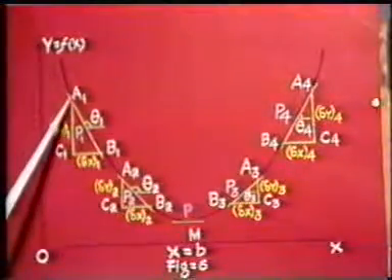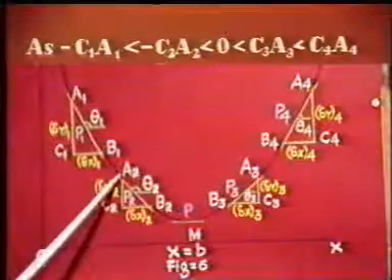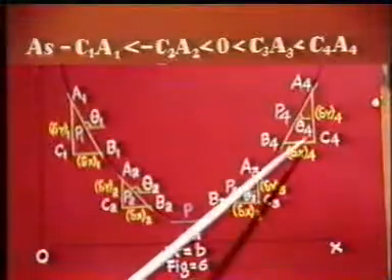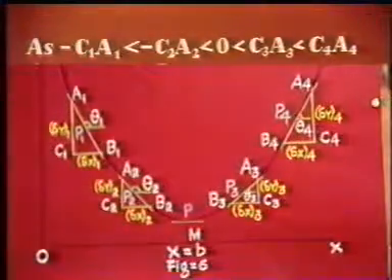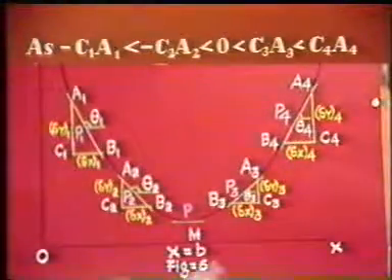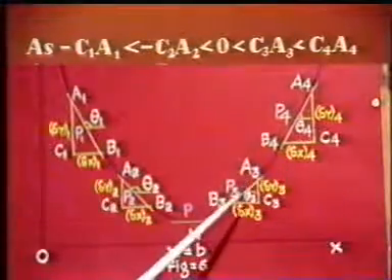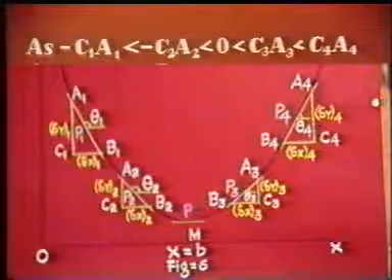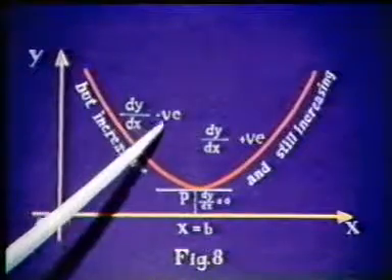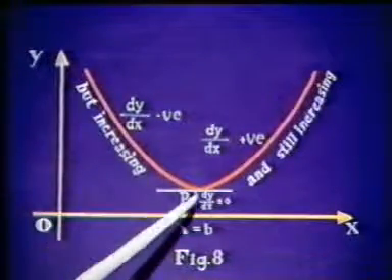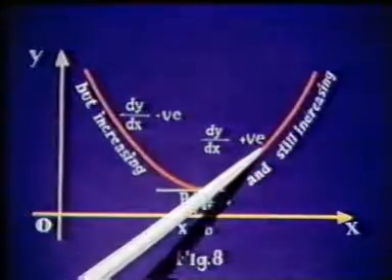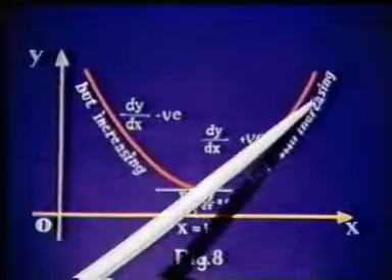As minus C1A1 is less than minus C2A2 is less than 0 is less than C3A3 is less than C4A4, we find that as we move along the curve in the neighborhood of the point P from P1 to P4, with the increase of x, the slope dy upon dx increases. At x less than b, dy upon dx is negative but increasing. At x equal to b, dy upon dx is equal to 0. At x more than b, dy upon dx is positive and still increasing.